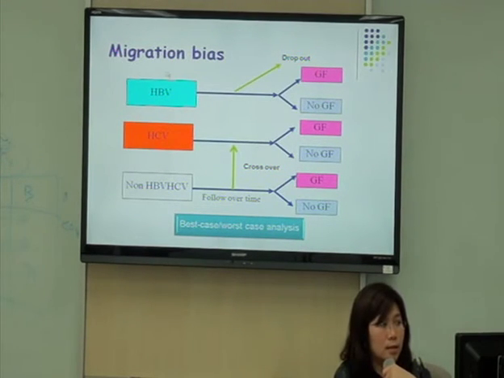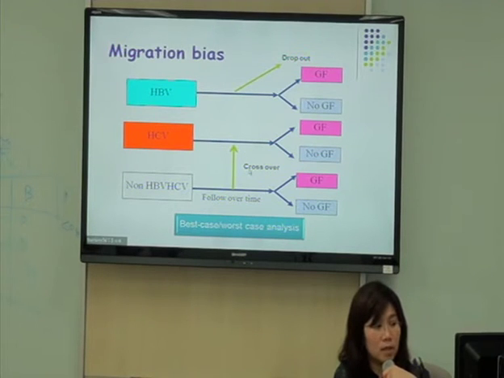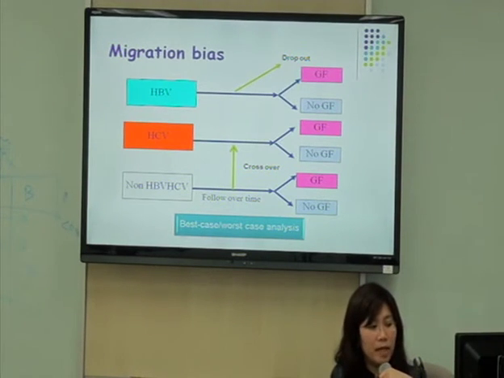In this design, you might have someone drop out. You might have someone turn from non-infection to infection after follow-up. This is crossover. So sometimes you might use another one we call best case, worst case analysis.